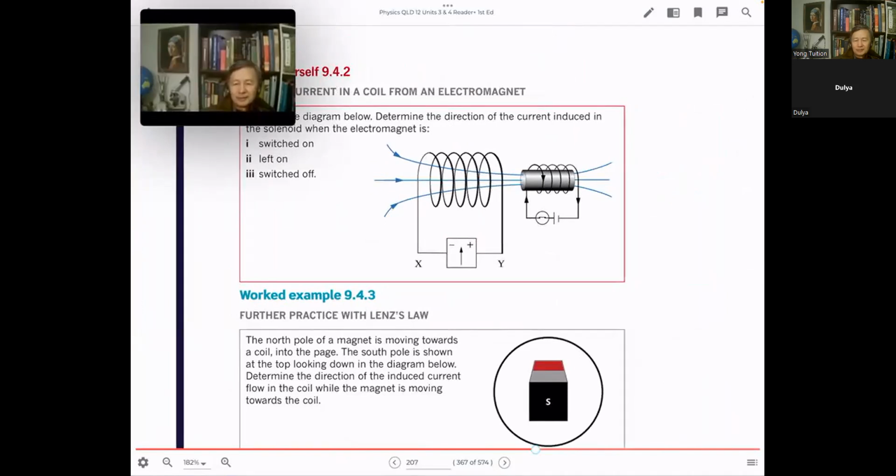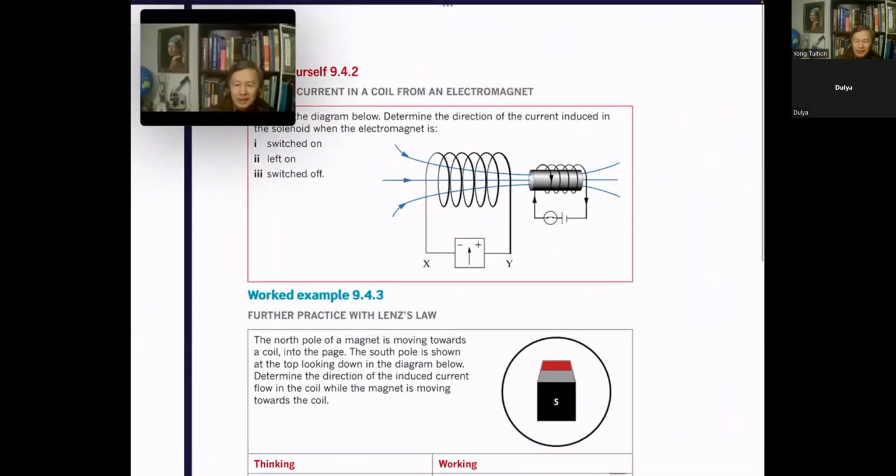From positive to negative? No, that is current. Can you see this color? They have drawn 3 magnetic force lines. That blue line represents the direction of magnetic field generated by this coil.